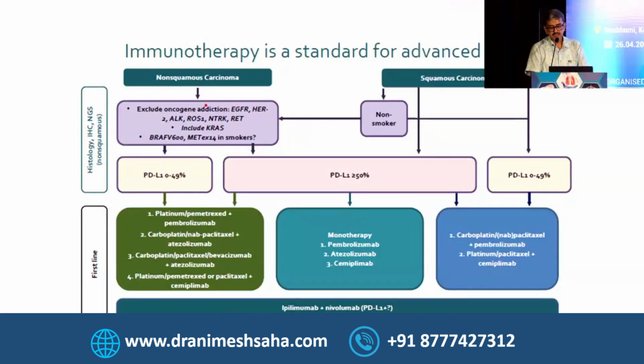In monotherapy, if PD-L1 is high, pembro and atezo are approved, and in low PD-L1 populations, combinations like pembro plus chemo or atezo plus chemo.